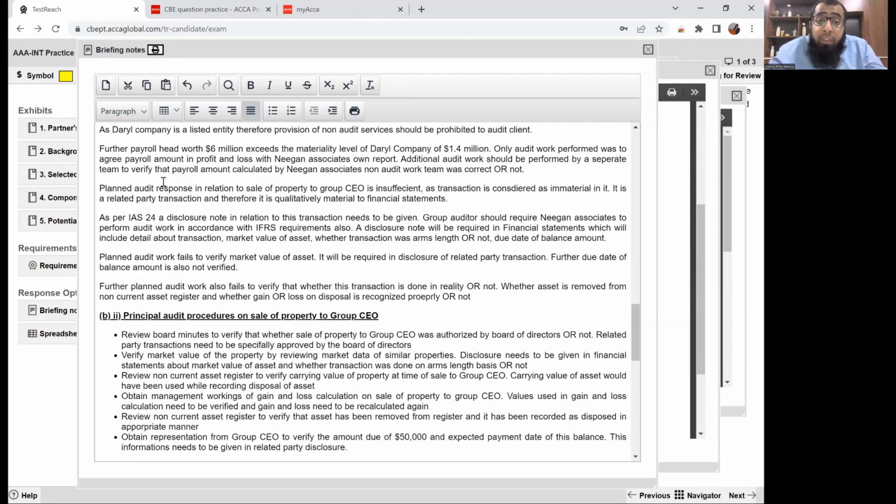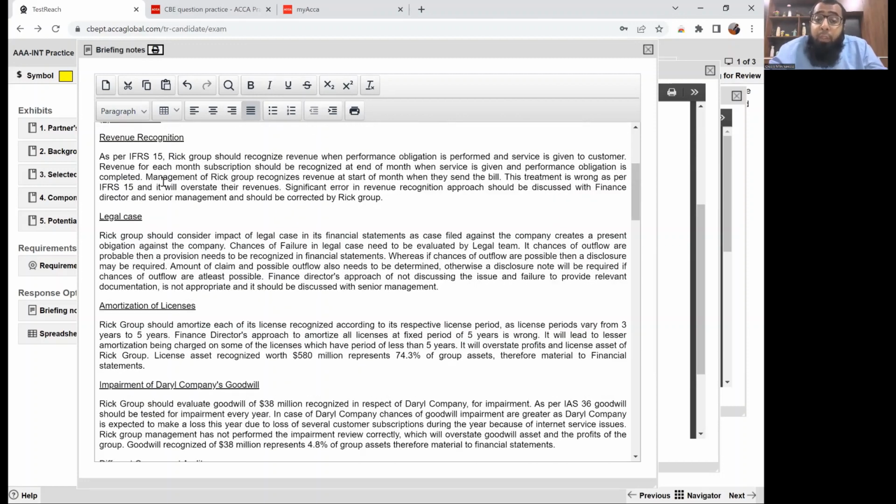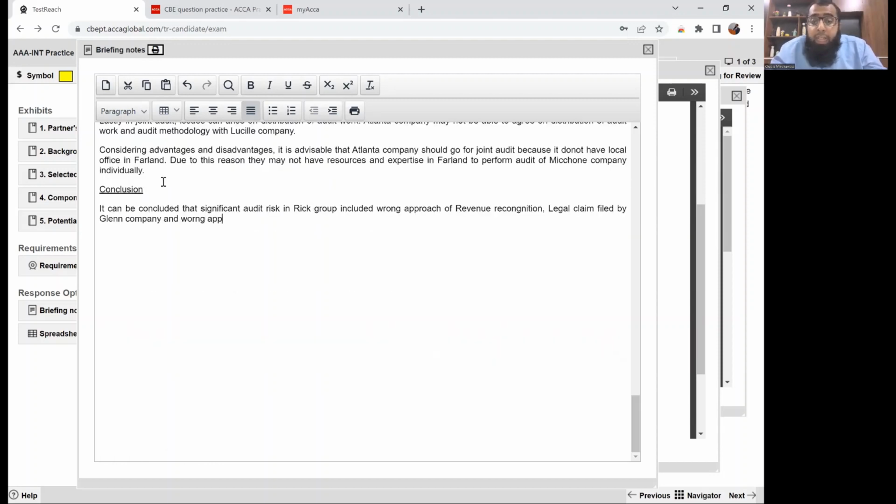Or you can write the first three, like the first one was revenue recognition, then legal case, and then amortization of license.